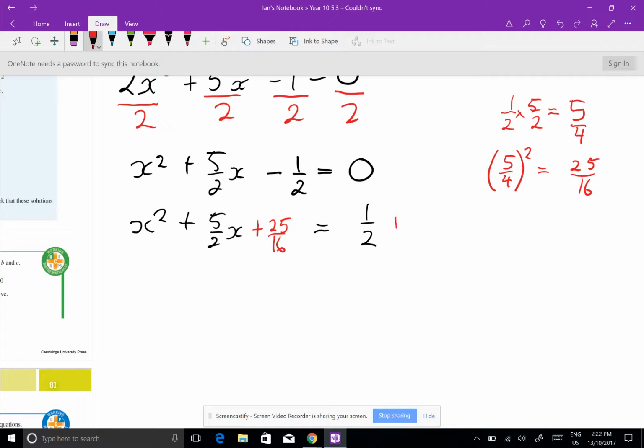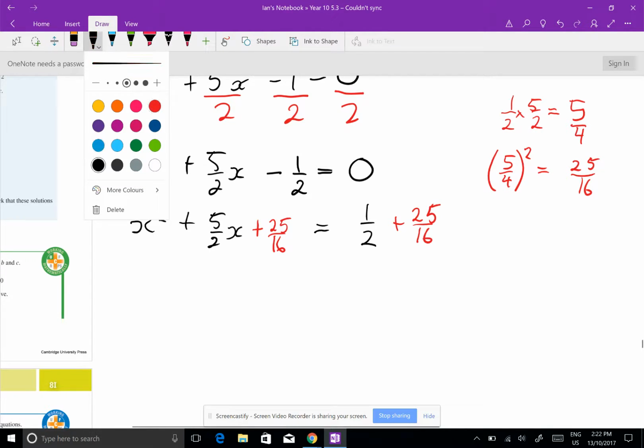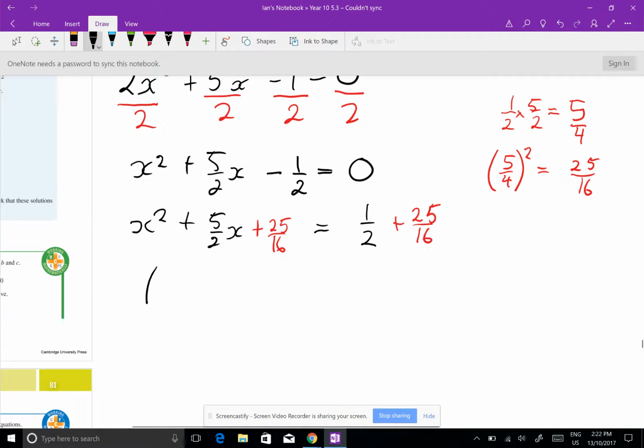Now please remember why you're doing that. You're doing that because you need to complete the square, and you need to halve the coefficient of the x and square it. So now I've got x plus 5 on 4. Remember, that's what half of that coefficient of x equals.